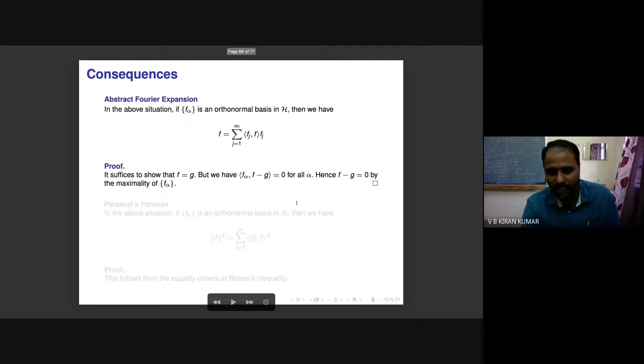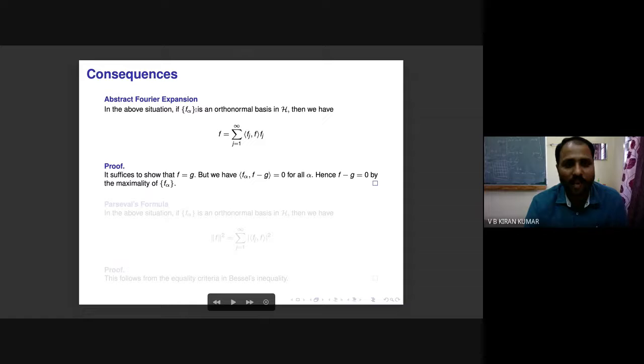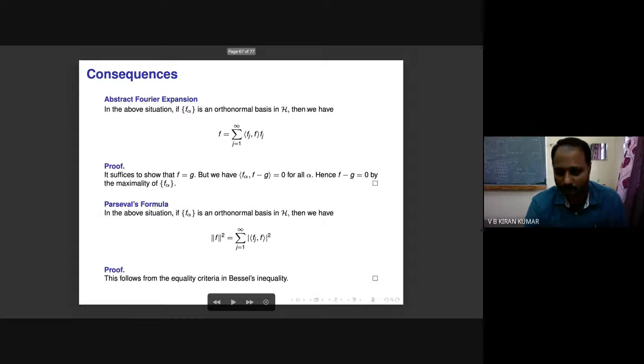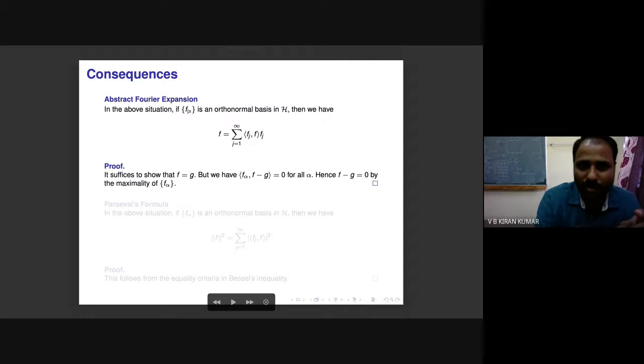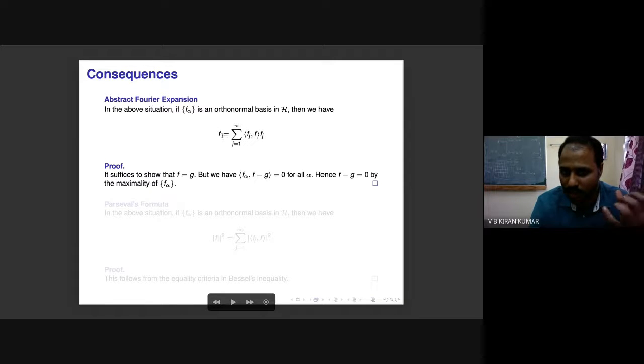So in the above, when f_alpha is an orthonormal basis for H, what happens? We have F equal to the summation j equal to 1 to infinity of the inner product of F with f_j times f_j. What are these f_j's? You start from F and look at the inner product of F with f_alpha. There are only countably many non-zero elements, and those f_j's are contributing to this construction.